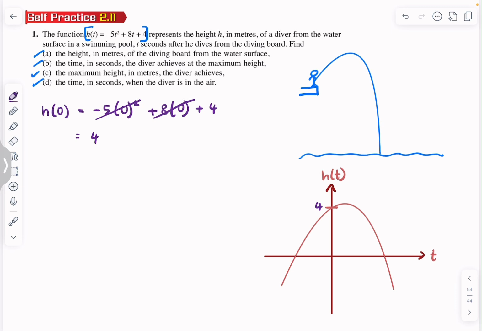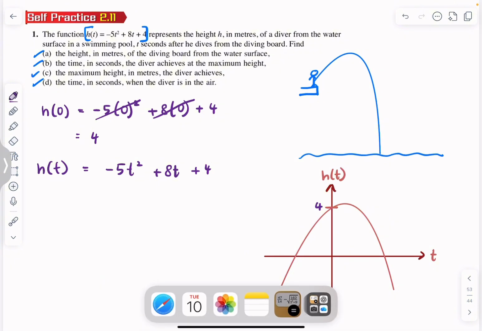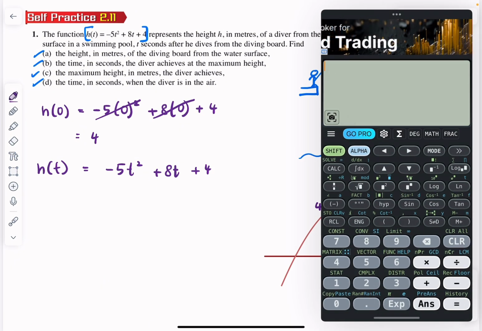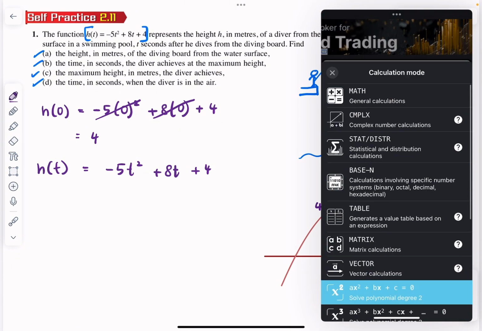Then, once we get the y-intercept ready, we can try to find the roots if you want. Let's just try to find the roots also. So h(t) is -5t squared plus 8t plus 4. So here we can factorize it. You go to mode, you go here.